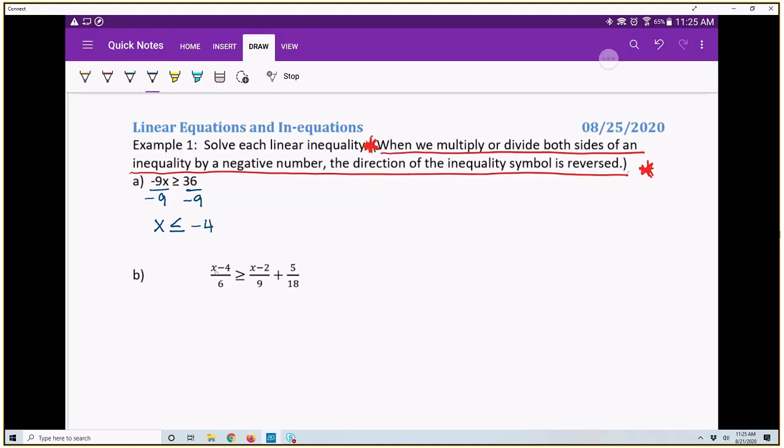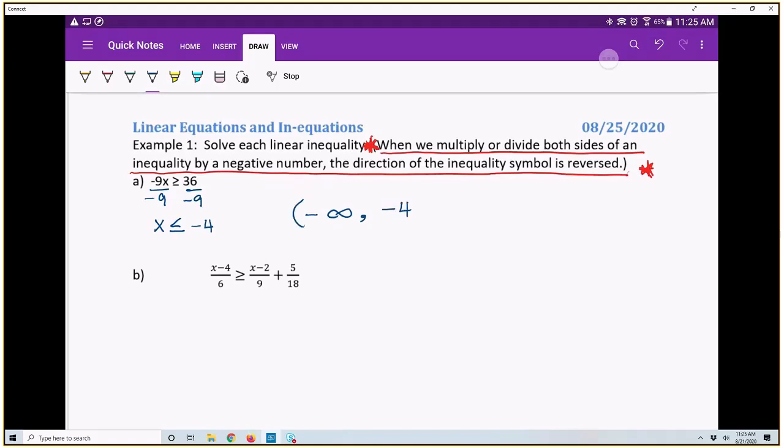So this is the solution to the inequality. But we're always going to want to answer these things in interval notation. So if x is less than or equal to negative 4, what should my interval be? Well, I know that negative 5 is less than negative 4, negative 20 is less than negative 4, and negative infinity is less than negative 4. So it seems like it's going to be all of the numbers between negative infinity and negative 4.